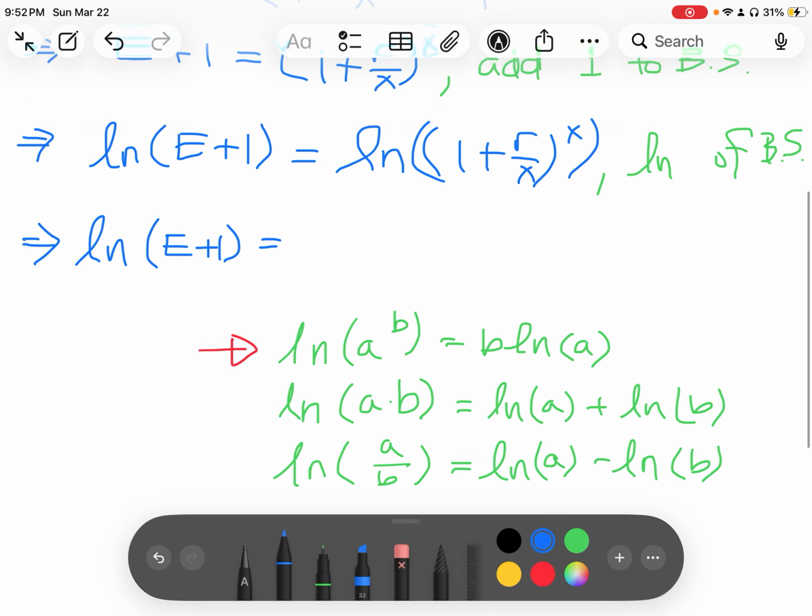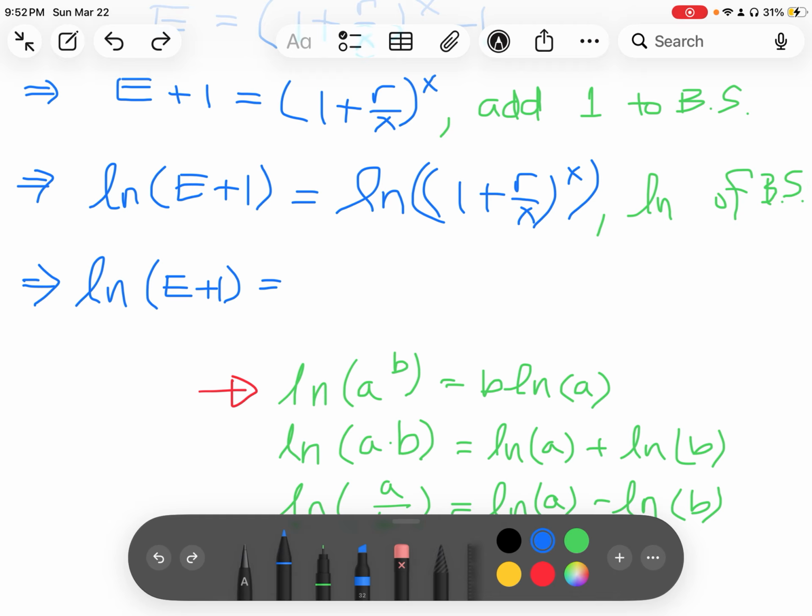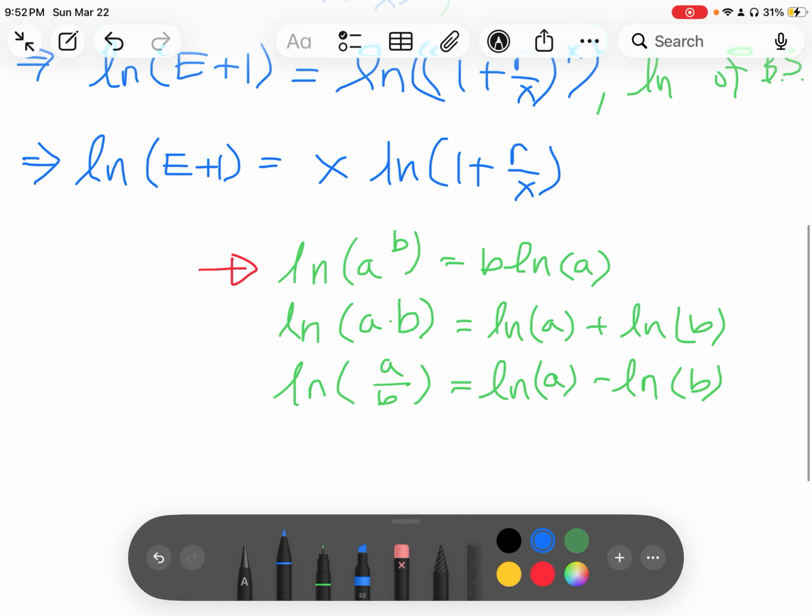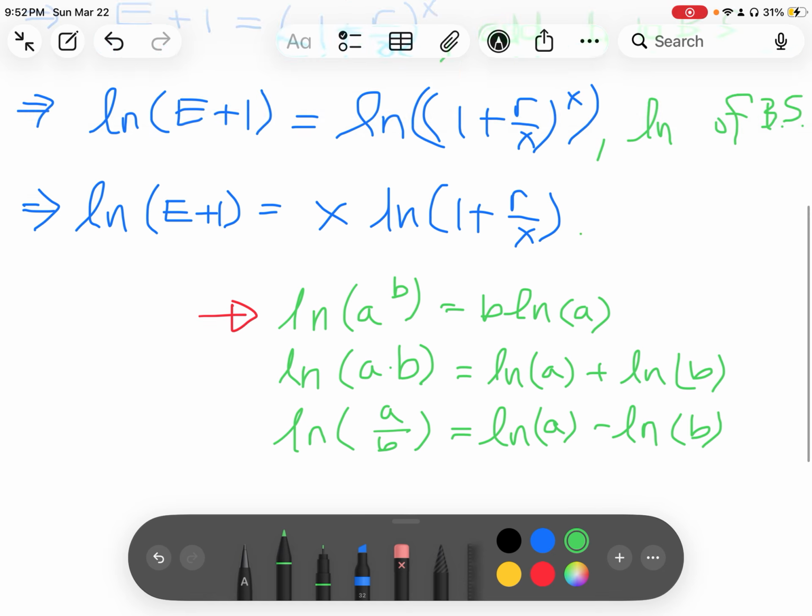That rule is where this is the exponent b, and this is the a. So putting that together, we have x ln of (1 plus r over x). That's what we have there, by log rules.